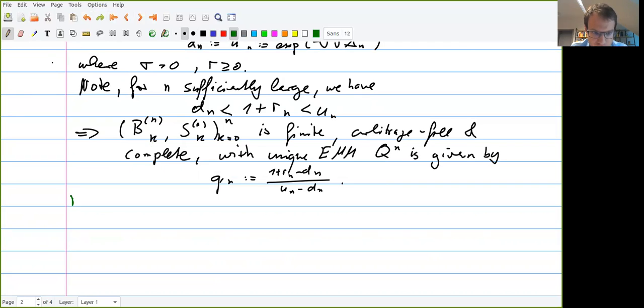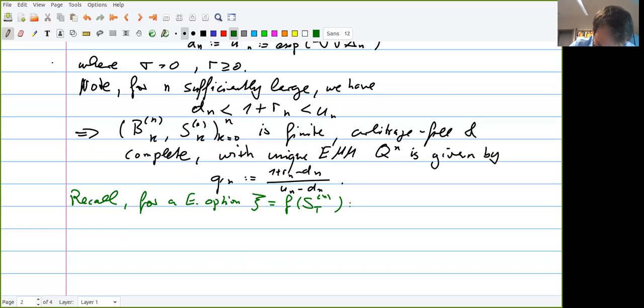Another thing we need to recall here: if we have a European option, a derivative psi given by the terminal price, so what is the price?